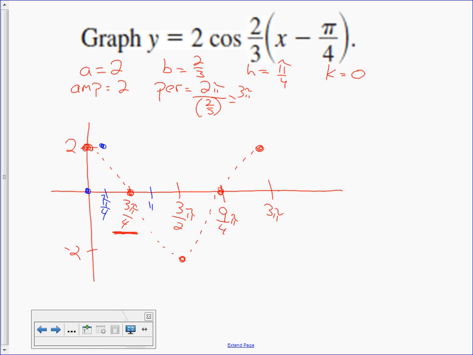I'm at pi. Remember, this is 6/4. If I add a 4th to that, I'm at 7 pi over 4. If I add a pi to 9/4, I'm at 10 pi over 4.